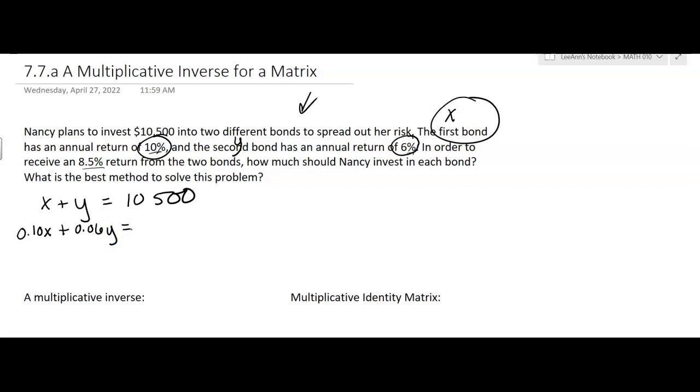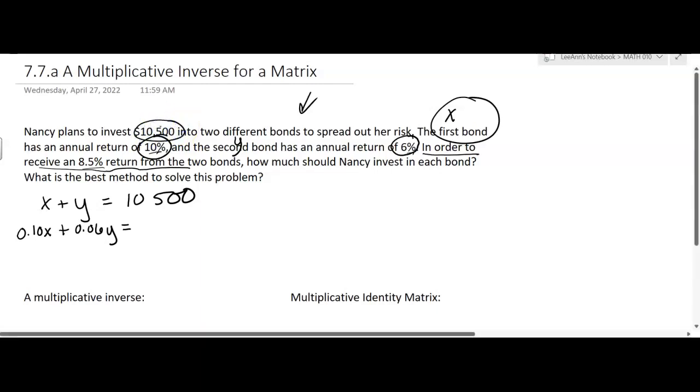That's how you figure the interest for the year on the 2 accounts, but it says she wants to receive an 8.5% return from the 2 bonds. Well, what's that 8.5% of? The 10,500. So we need to take 10,500 times 0.085.